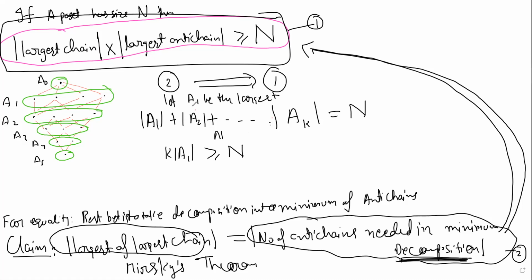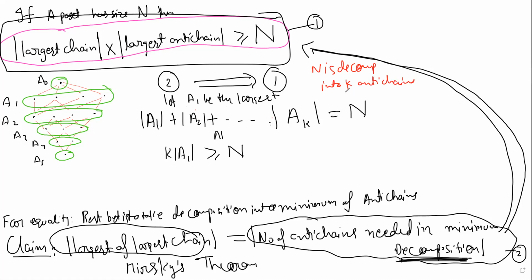Let us just take your poset, decompose it into antichains A1, A2, and so on. Take the largest one like this, right? So basically, I have decomposed N into K antichains. What does it mean?